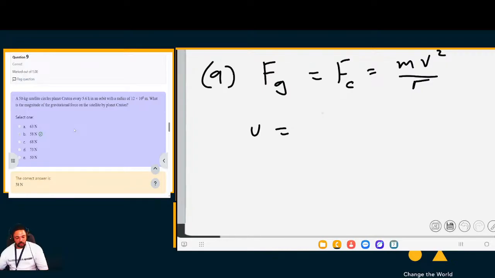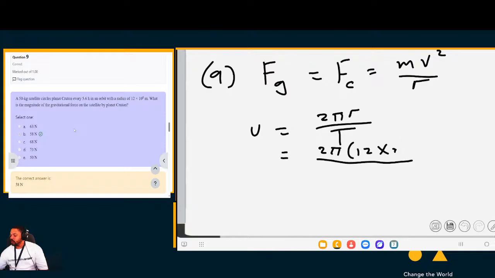If you remember circular motion, v is equal to 2 pi r over the time it takes, the period. So v equals 2 times pi times r, which is 12 times 10 to the 6 meters, over the time, and that will give you the velocity. The time it takes is 5.6 hours.